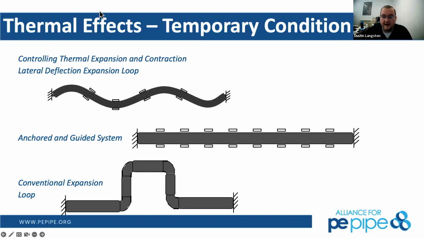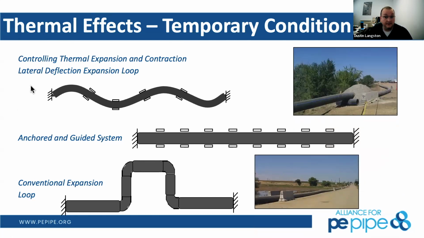Moving on to thermal effects: if you do have an installation that's above ground, it's great to snake that back and forth above ground so that you don't get localized movement. As the pipe heats up, it will attempt to grow if you don't restrain it. We've had cases up in Wyoming, up in the oil fields, where they don't actually bury this pipe. They leave most of it above ground.